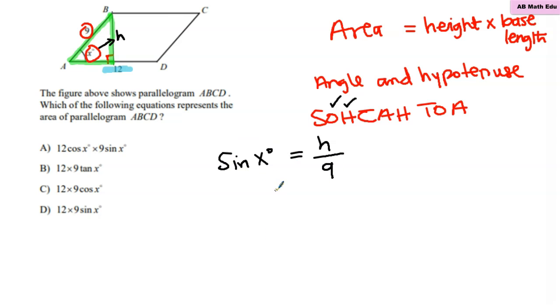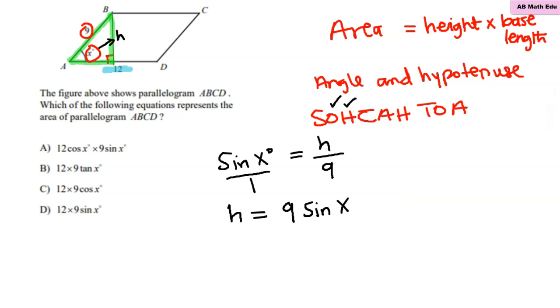But we are looking for the height. Every number is over 1. We can cross multiply, and 1 times h will be the height, and this will give us 9 times sine x. So we are making headway.